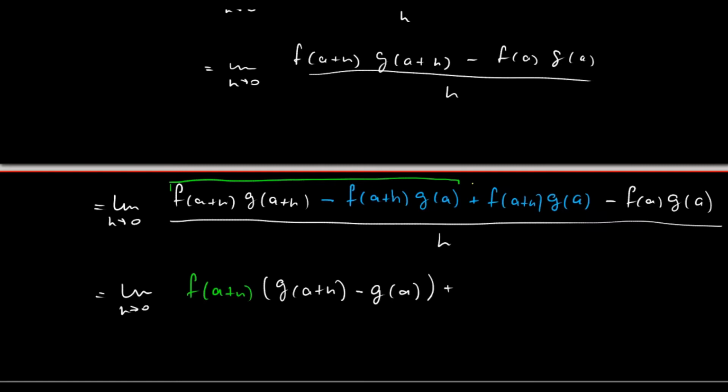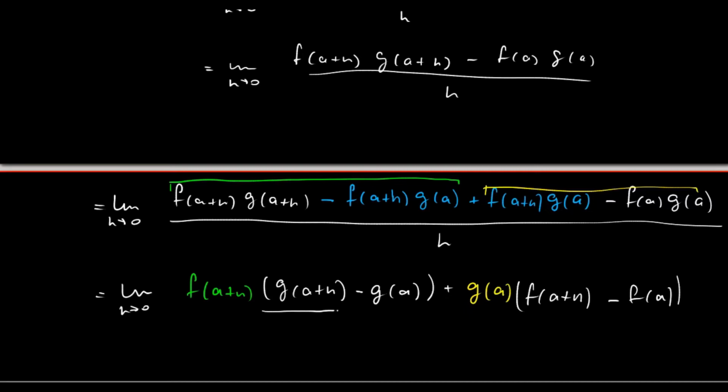And now in the second term, we're going to take common factor g of a. So this gets multiplied by f in a plus h minus f in a. And to not write the divided by h in every term, we're going to separate it. So we're going to put it here and here.